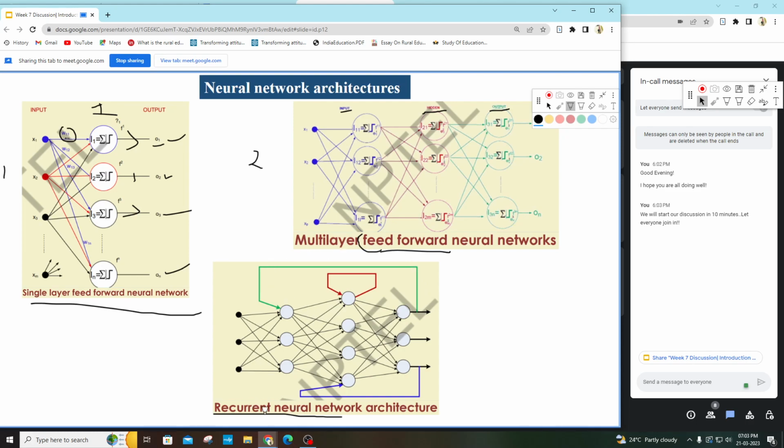Another thing is that the information can travel backward from any layer. The first layer cannot, but the information can travel backward in the hidden layer as well as from the output layer. So these are the 3 popular types of neural network architecture.